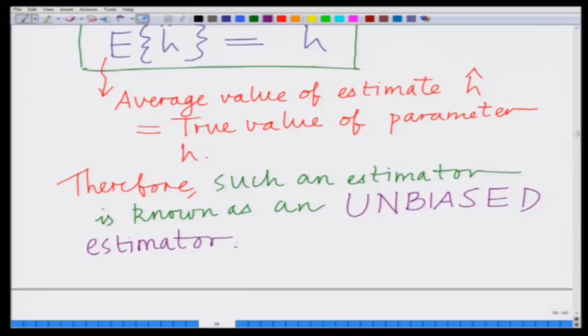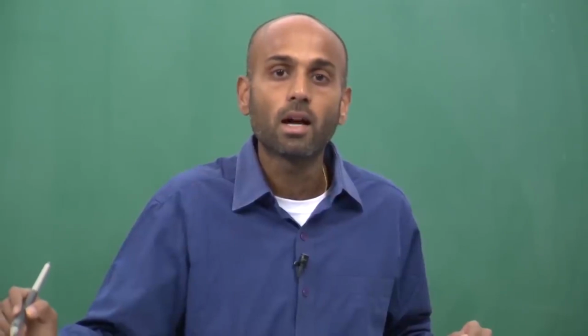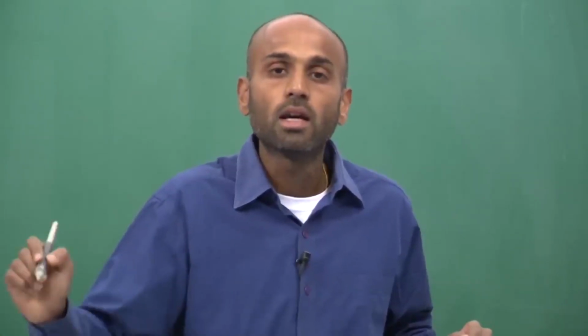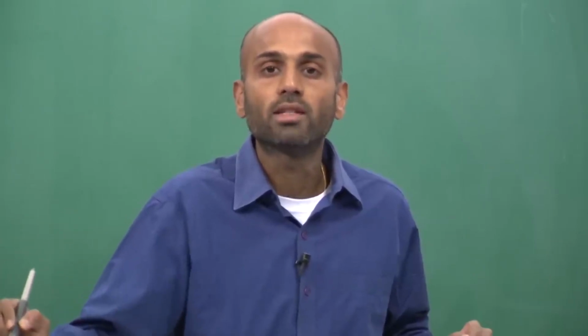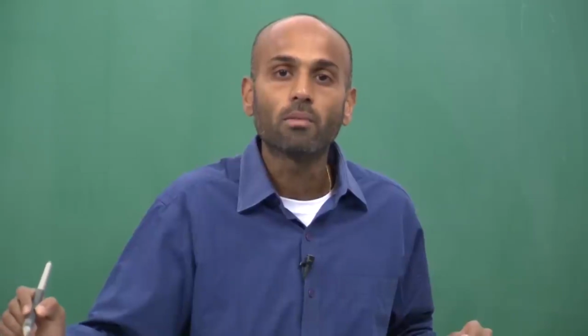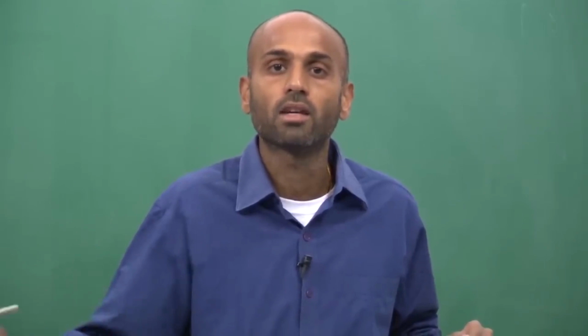It yields an unbiased estimate, which means even though it is random in nature, the average value of the estimate is basically equal to the true underlying parameter h, and therefore, the ML estimate that we have derived is unbiased in nature.